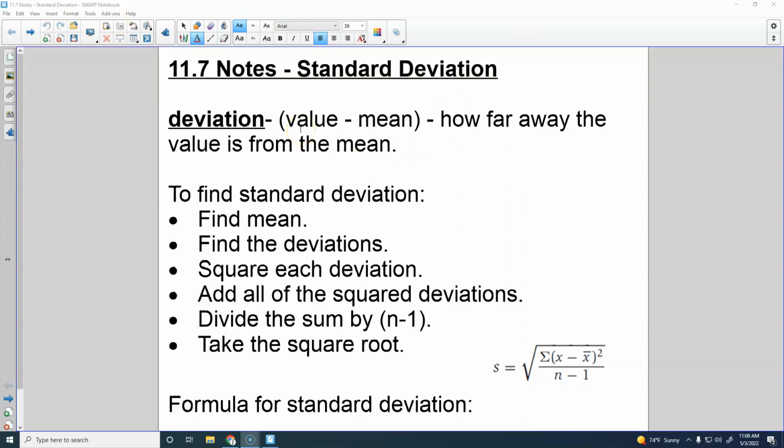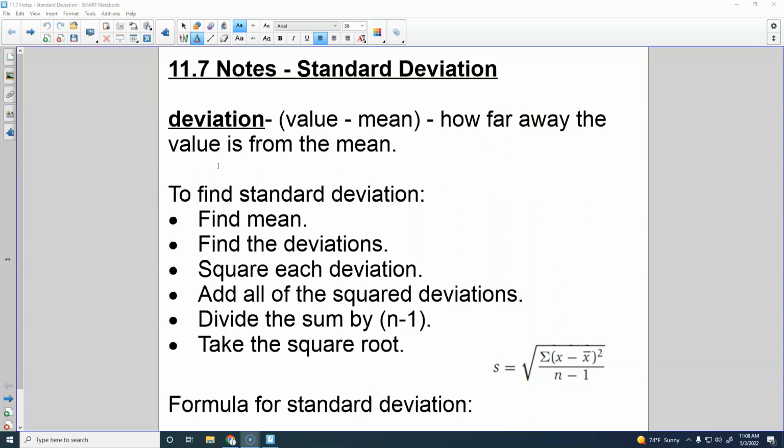To deviate is to go away from. In math, it's just a difference from the average, but in other aspects, like if you deviate from society, that means you're going off from society. So to deviate is to go away from something.